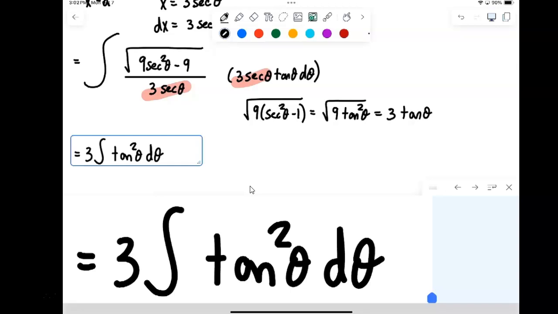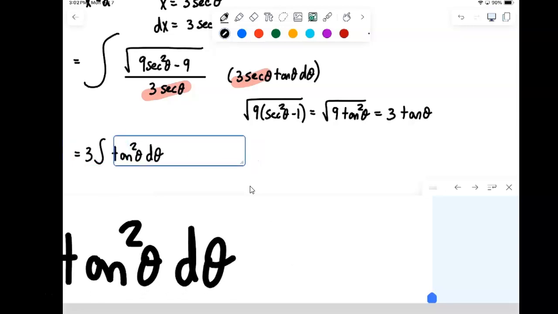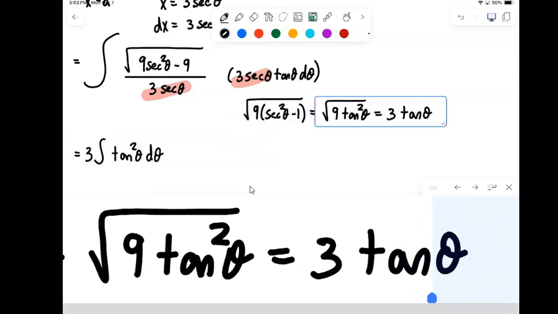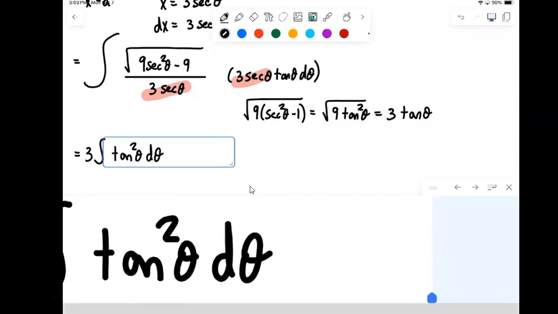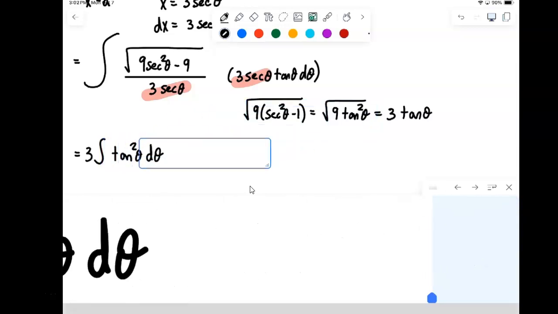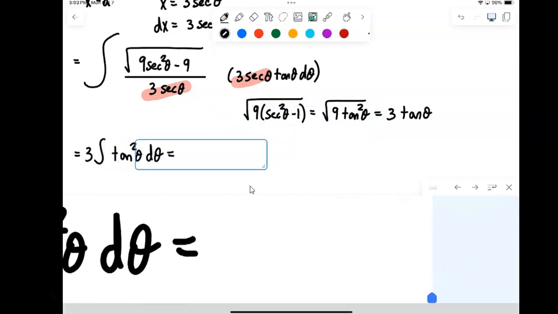And you have 2 options here. You can refer back to the reduction formula for tangent, or what I simply remember is that secant squared minus 1 is tangent squared. So tangent squared is secant squared minus 1, and I know how to do integrals involving secant squared.